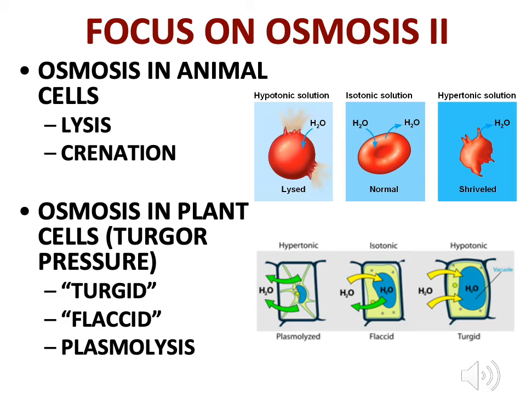And I notice that the illustration shows me that water will be leaving the cell. The net movement of water is going to be out of the cell, primarily because it's being driven by the tonicity or the concentration of dissolved solutes in the environment around the cell. As a consequence, as the water leaves, the cell is going to shrivel.